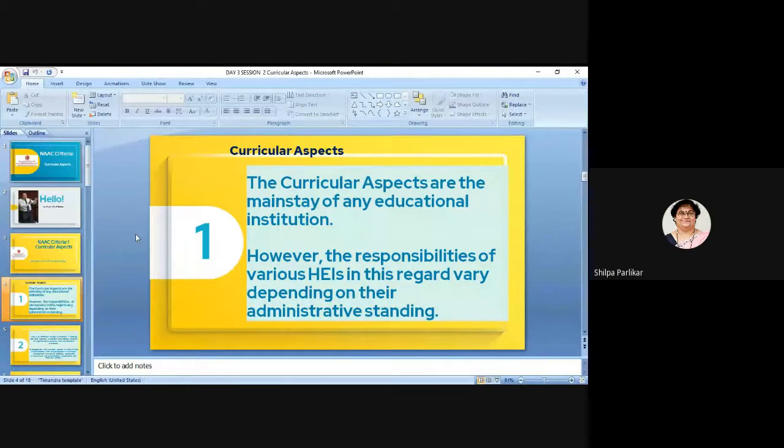So he has two works. One, control and monitoring. He needs to understand and he needs to rectify things.